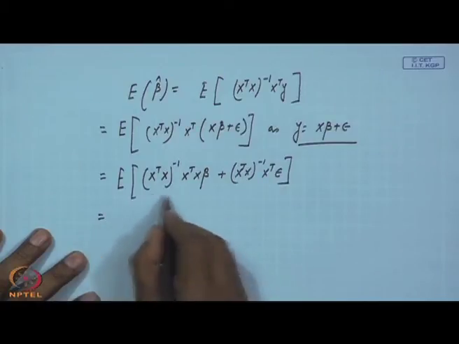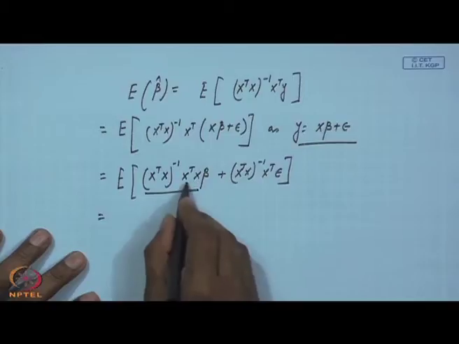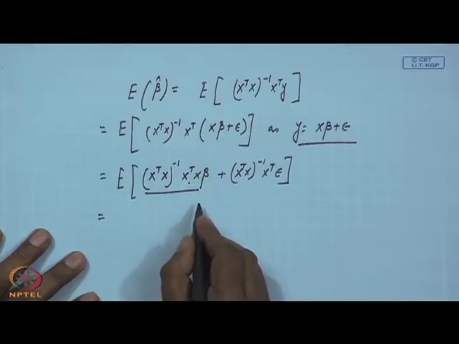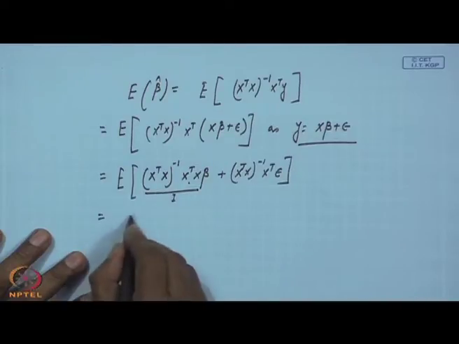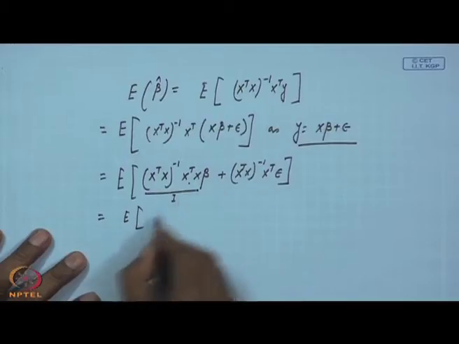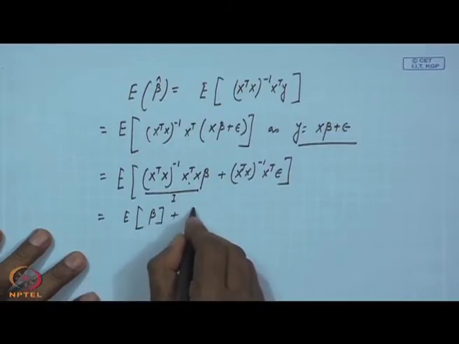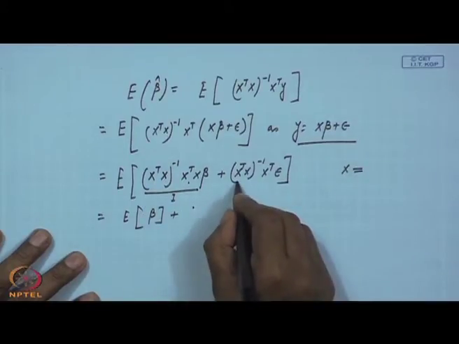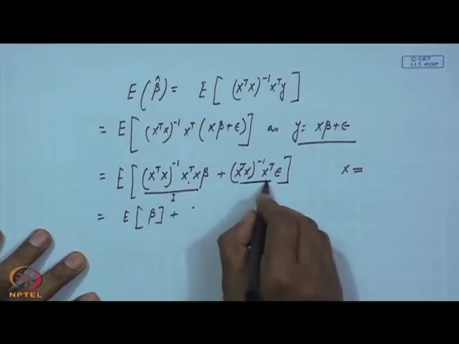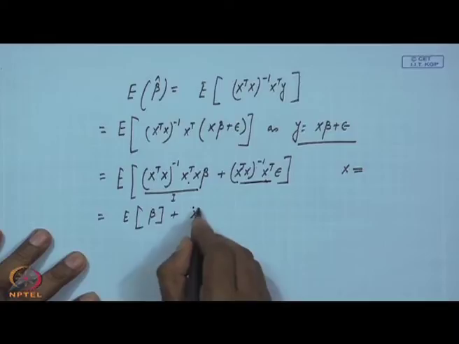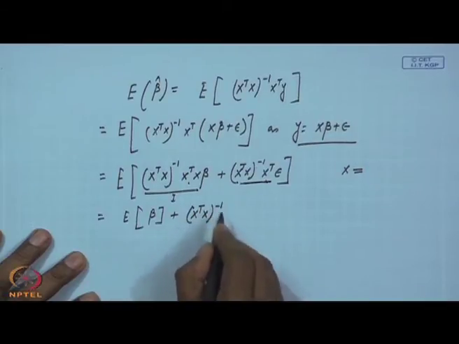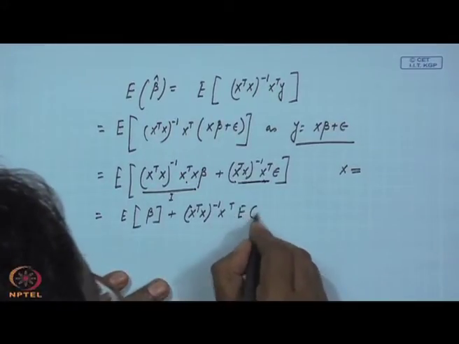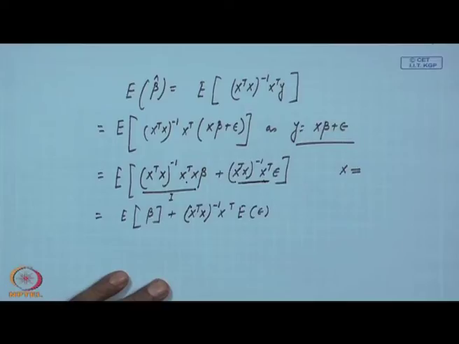Now, (X transpose X) inverse X transpose X, the inverse of a symmetric matrix times the matrix, we will get the identity matrix I. So, ultimately expected value of I into beta is beta, plus, as X, the data already collected, so (X transpose X) inverse X transpose is a fixed quantity, we will keep it out of the expectation operator, and then we write the expected value of epsilon.